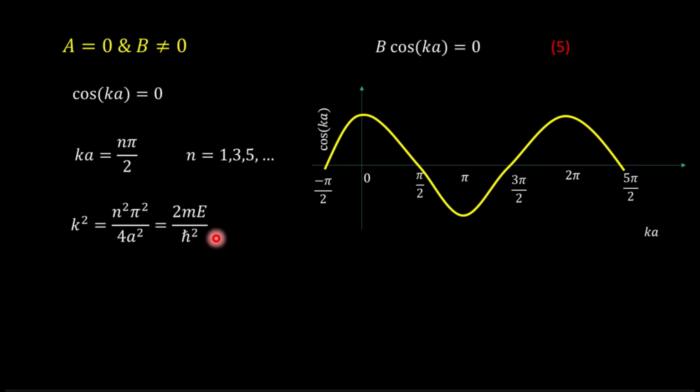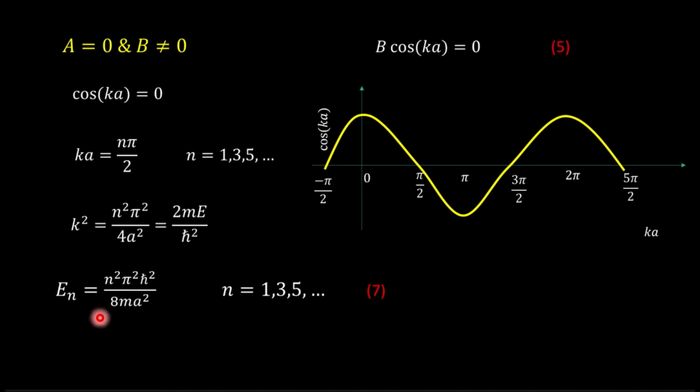Since k squared is given by 2mE by h cross squared, we can get the expression for the energy of the particle as n squared pi squared h cross squared by 8ma squared. This can be obtained by equating these two things, because we will get an expression for k from this equation, but k is originally given by the square root of 2mE by h cross squared.